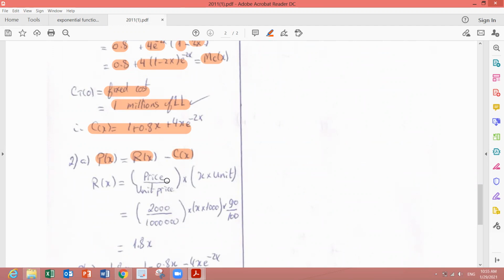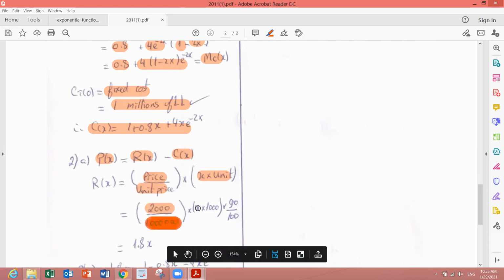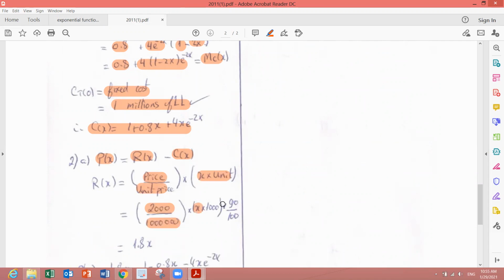R(x) equal price times x times the unit. The price is 2000. The unit price is in millions. The x, the quantity, is in thousands, so times 1000, times 90%.